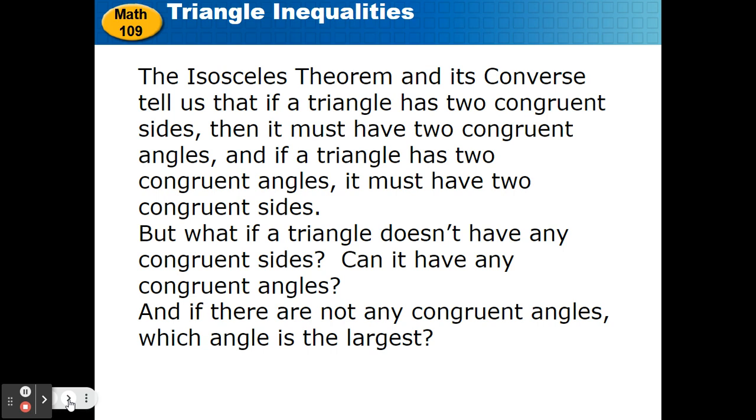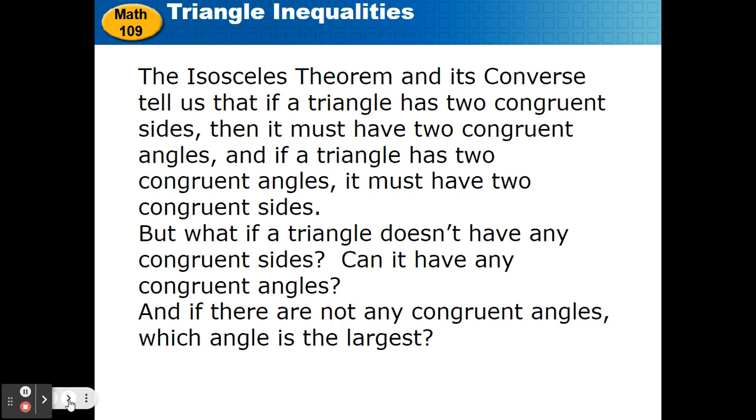So thinking back to the isosceles theorem and its converse from our last unit, that theorem told us that if a triangle had 2 congruent sides, then it must have 2 congruent angles. And conversely, if a triangle had 2 congruent angles, then it must have 2 congruent sides. This is also known as the base angles theorem.